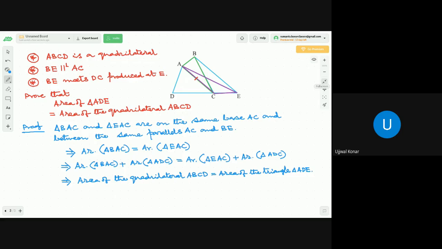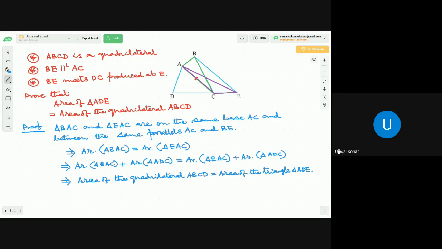For example, if you look into the last problem we have solved, apparently it may look a little difficult. But if you see this problem minutely, and take care of how we can add the area of the triangle ADC to both sides, we get the area of the quadrilateral and the area of the triangle too, and that helps us prove it.